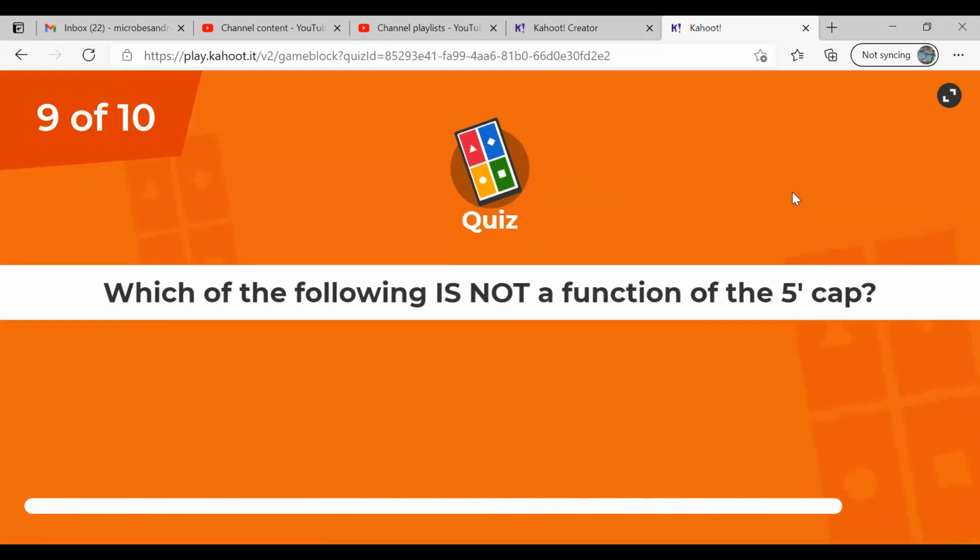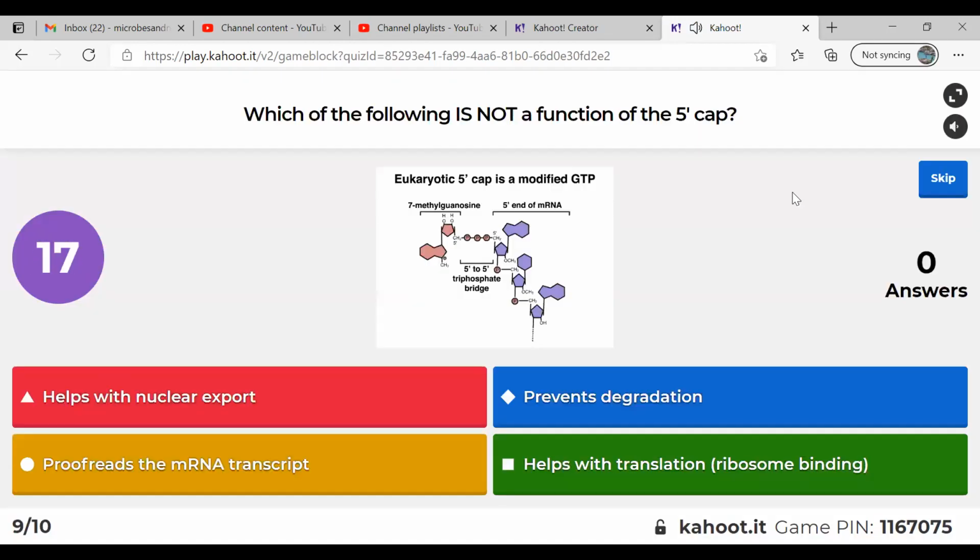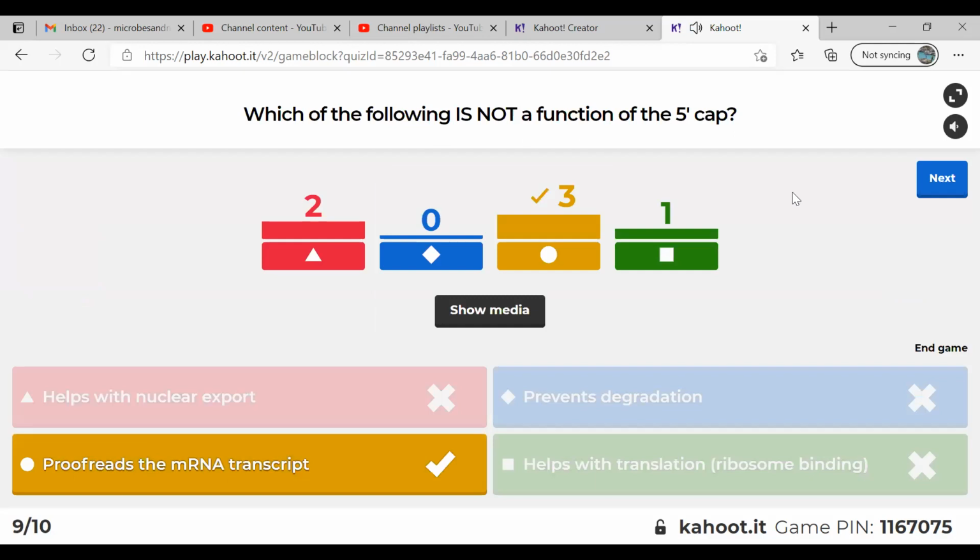Which of the following is not a function of the 5' cap? So the correct answer is the 5' cap does not do any proofreading. That is the job of the enzyme. The 5' cap is all about stability and nuclear export, and also helps with ribosome binding.